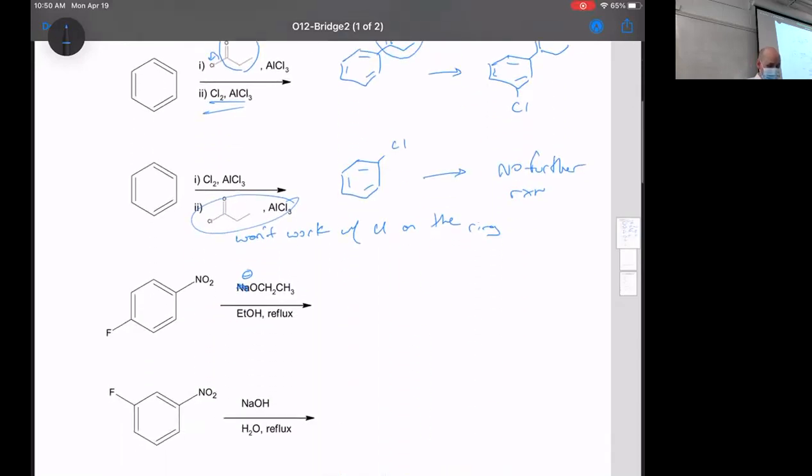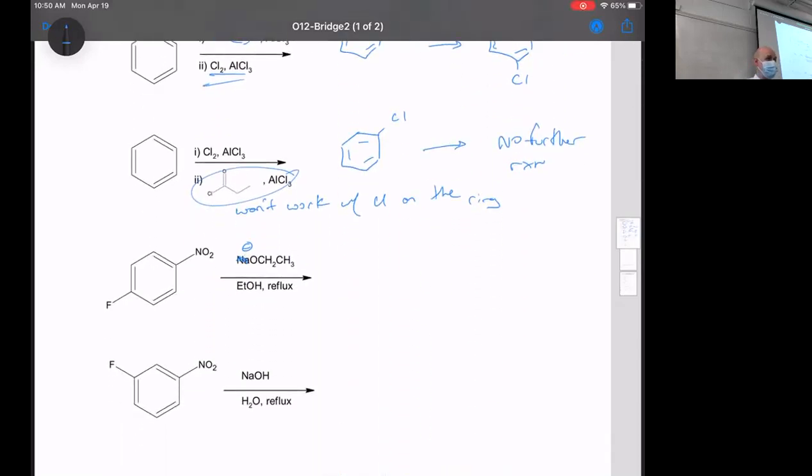For a nucleophilic aromatic substitution where you're adding a nucleophile, you don't have a choice. It must happen where there's a leaving group. So you don't have to worry about trying to figure out where this reaction is going to happen so much. It's always going to happen at the spot with a leaving group.